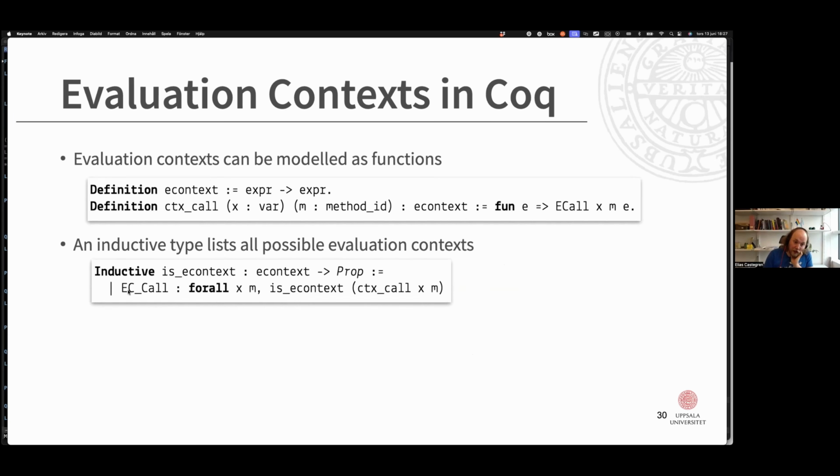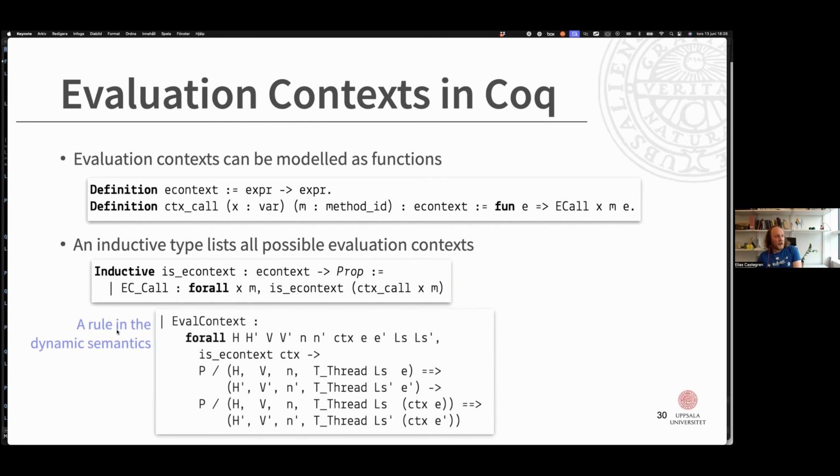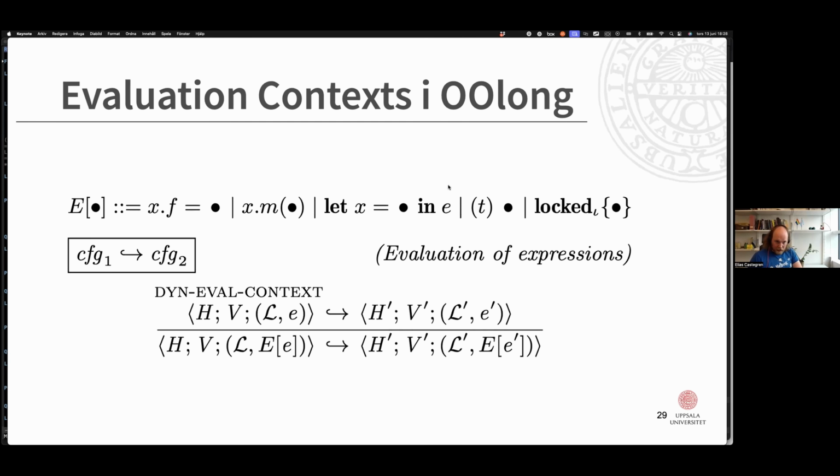Here I've just listed one, saying that this function, CTX call of x and m, for any x and m, is a valid context. And then in the dynamic semantics, we have that assuming CTX is an evaluation context, so one of these things, of which we'll have more cases, one case for each of these.